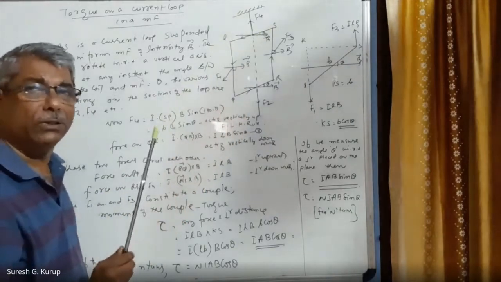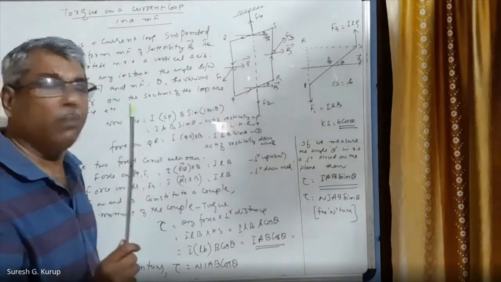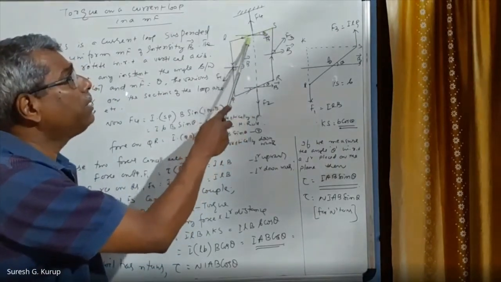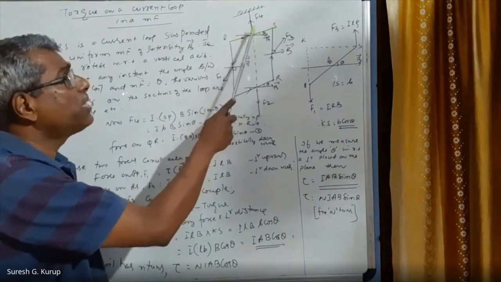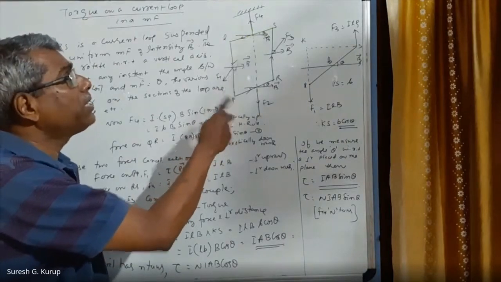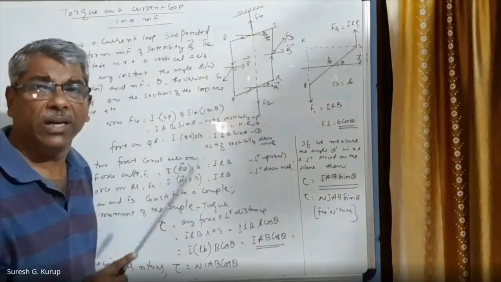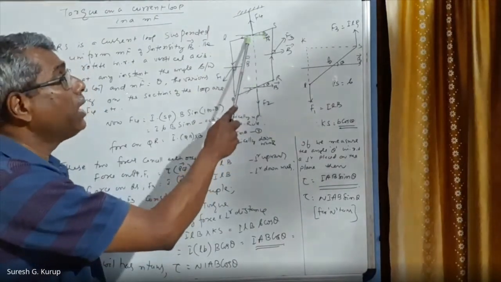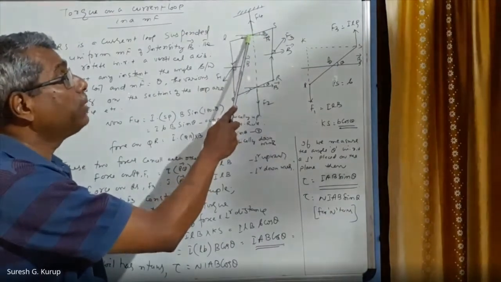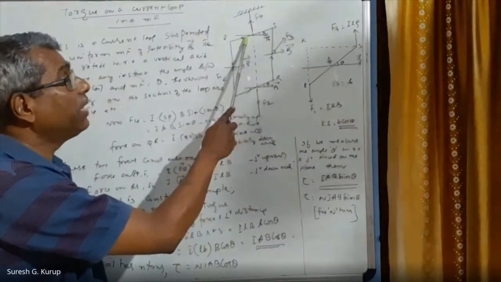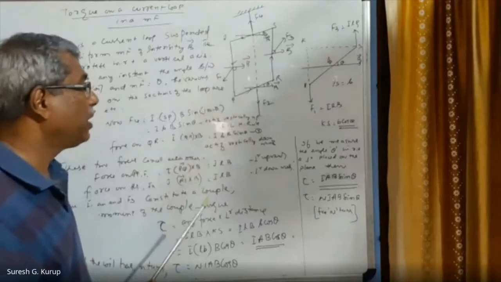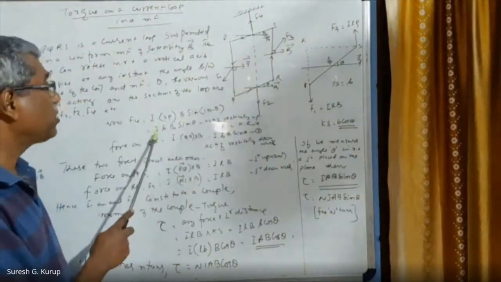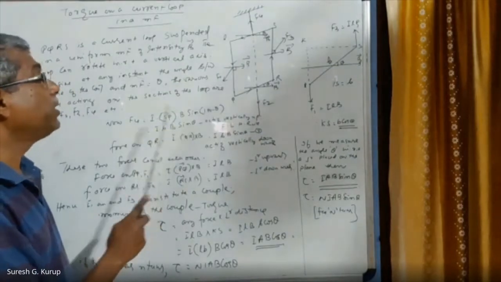Actually we want the angle between the current and the magnetic field. So this much is theta, and the angle between the current direction and the magnetic field vector is 180 minus theta. Naturally, this can also be written as I b B sine theta.